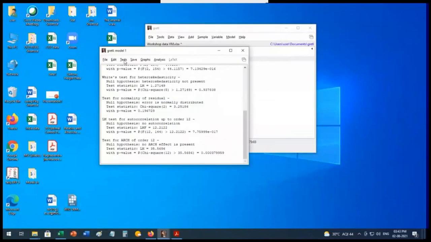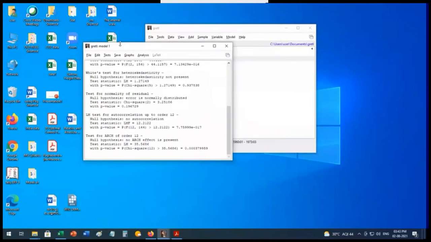So, multicollinearity we have not checked. Now remember, the multicollinearity indicator or test is not a statistical test. That is why it is not appearing here. But the indicator we will get if we go to the analysis.